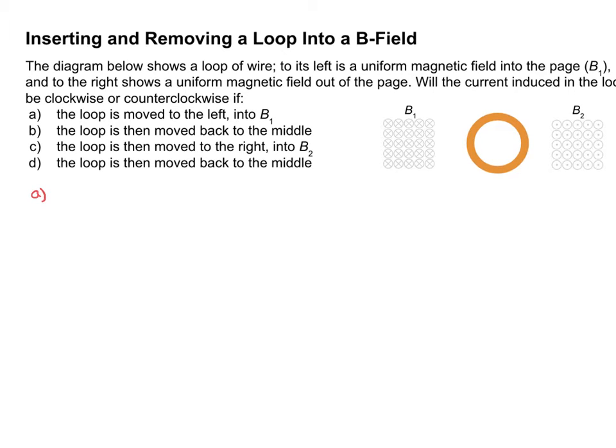For part A, the loop starts with no flux going through it, no magnetic field going through it. When this loop is brought to the left into the magnetic field of B1, then it receives a flux into the page.